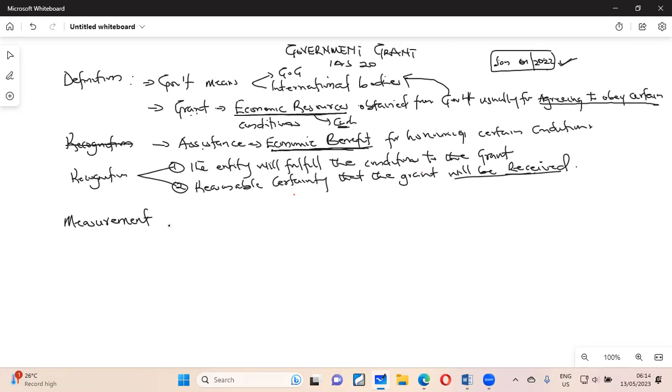Then we come to measurement. For the measurement, we will have to distinguish between the grants. So we have to, number one, talk about revenue grants, or what we call grants related to income.